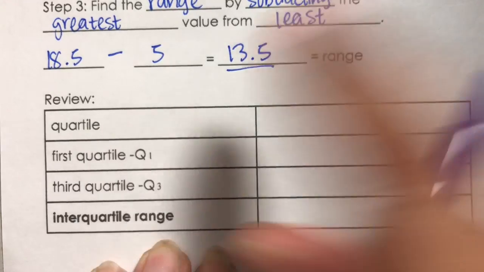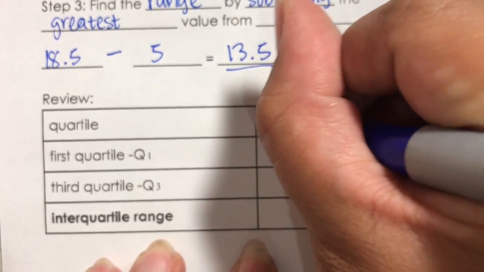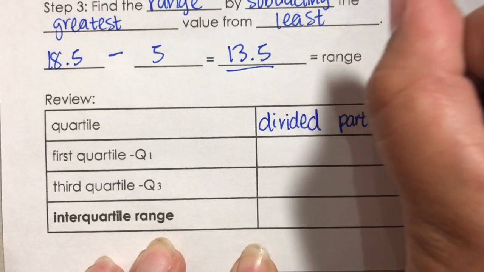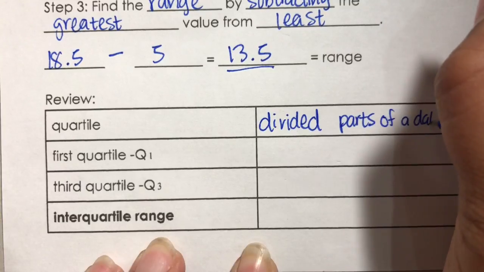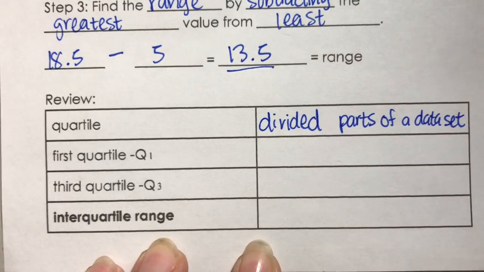So for quartile, if you remember, it is the divided parts of a data set.